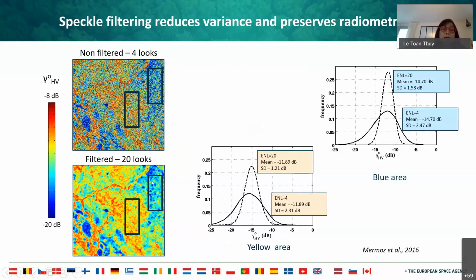Two pieces here, blue and yellow, are their own forest. Here is the blue one before and after filtering, and here the yellow one before and after filtering.